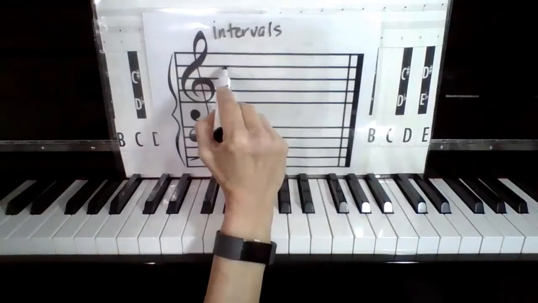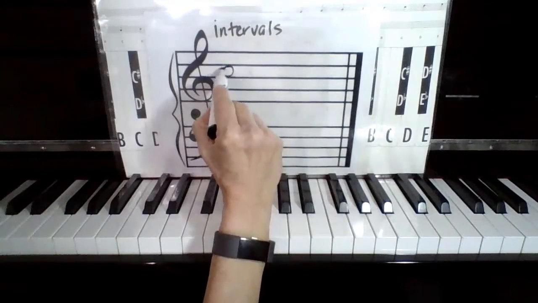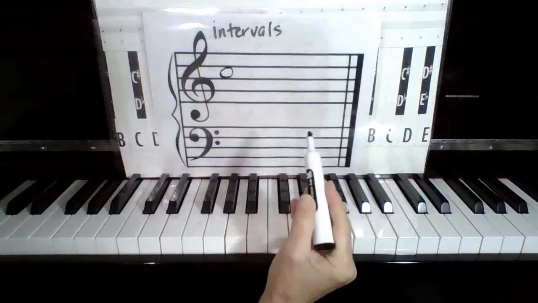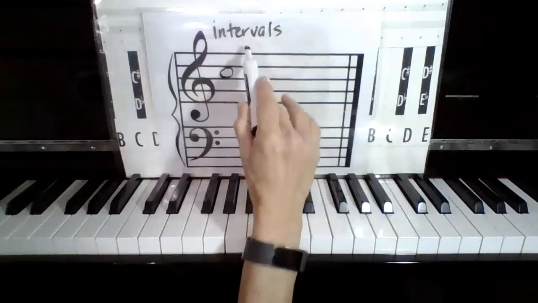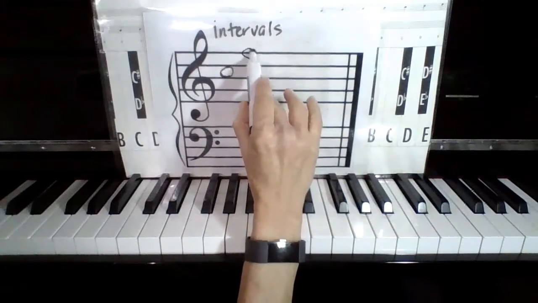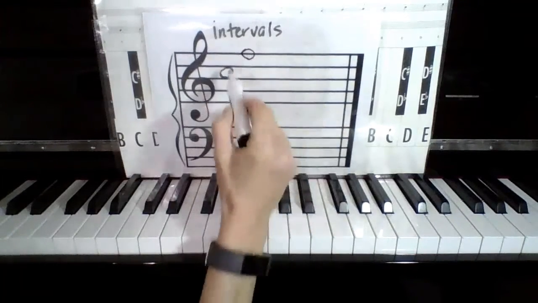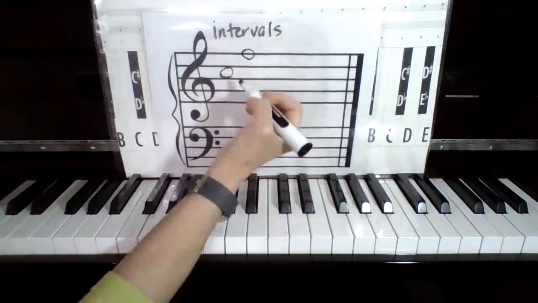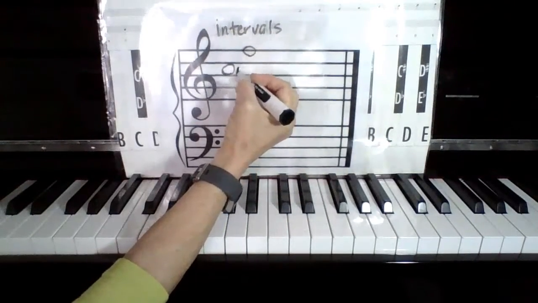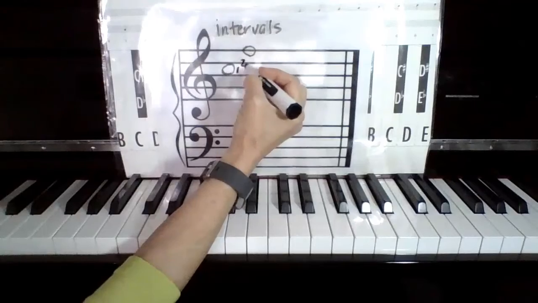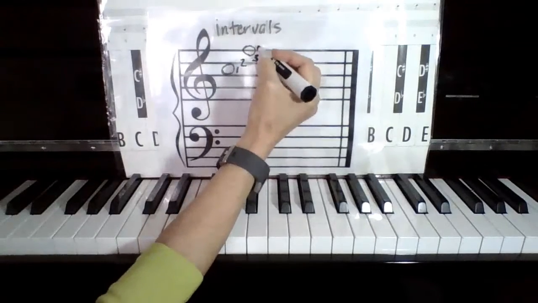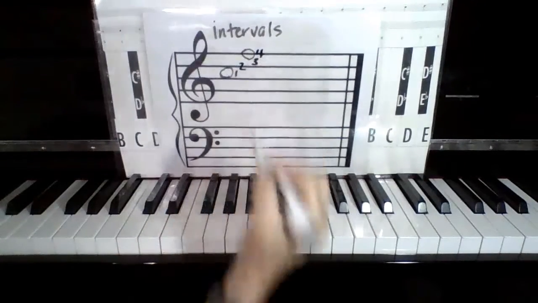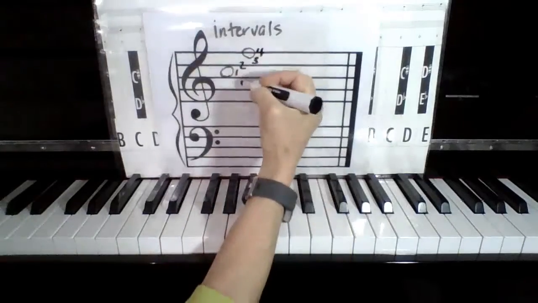Some other things starting at different places. We're going to start at this third space note, and we're going to go up to this line note. So we're going to start our counting here. 1, 2, 3, and then here's the line. 4, so it's a fourth.